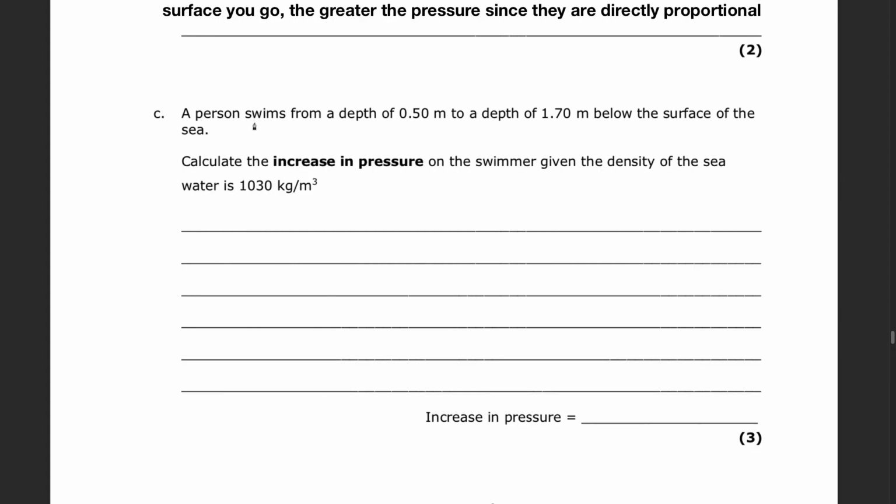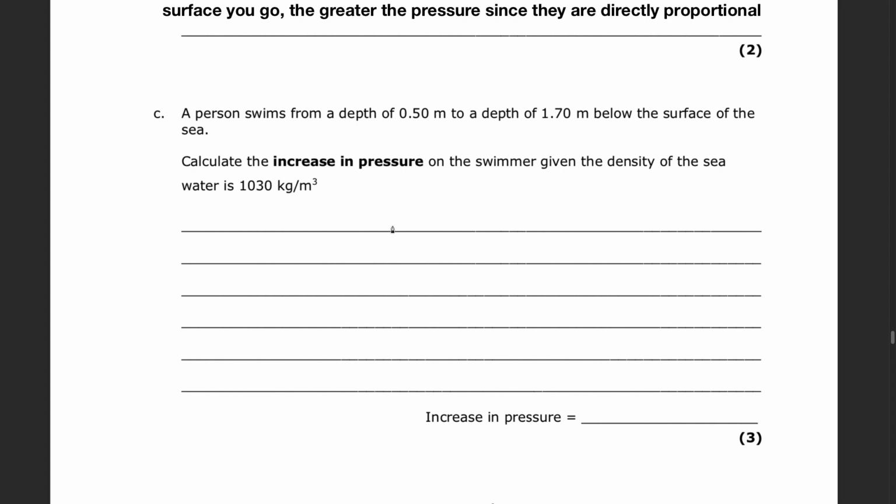Question C. A person swims from a depth of 0.5 meters to a depth of 1.7 meters below the surface of the sea. Calculate the increase in pressure on the swimmer, given the density of the sea is 1030 kg per meter cubed.